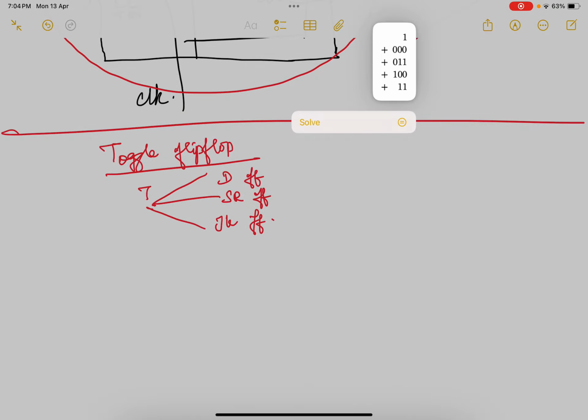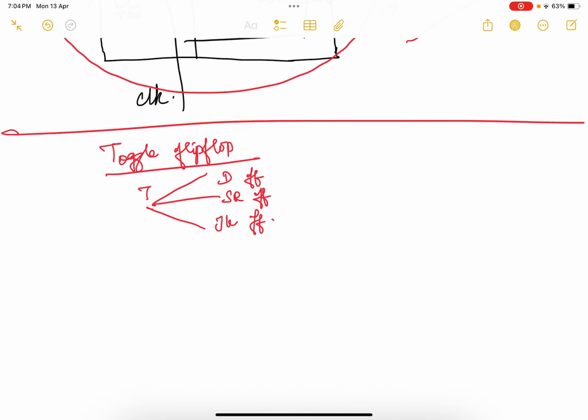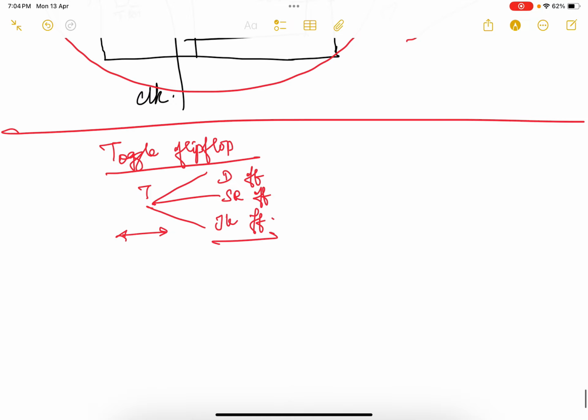Clear? Now we are going to convert this T into D, SR and JK. First we want to know which is the source and which is the destination. Here T is the source flip-flop, and D, SR or JK are the destination flip-flops.